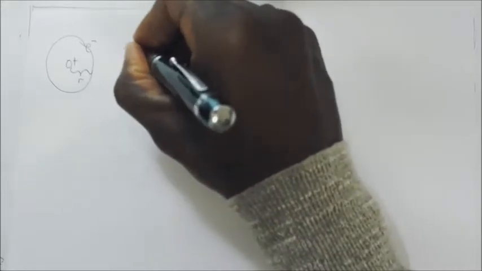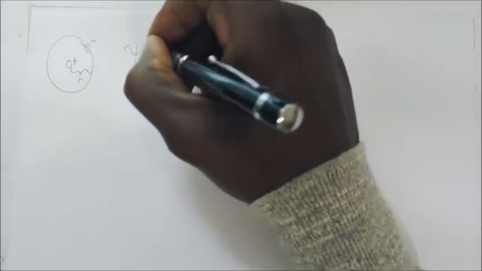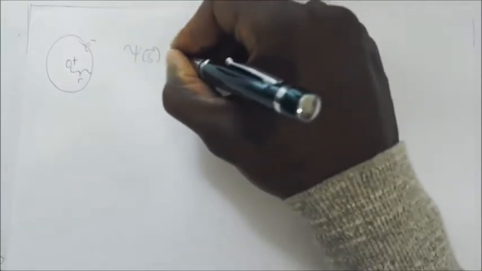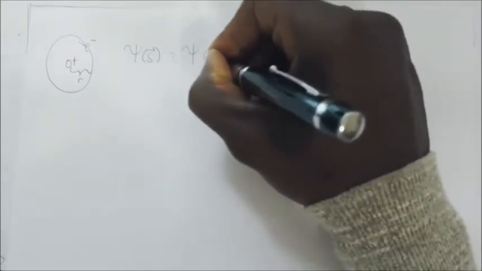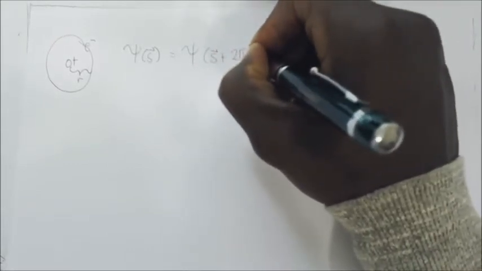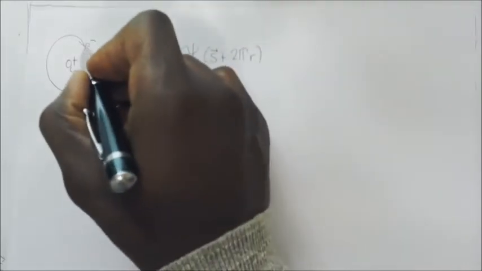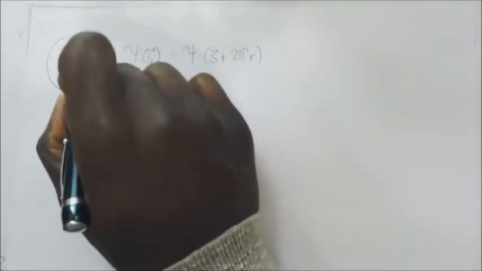for s, psi of s, must be equal to the wave function psi of s plus 2 pi r. And that's because they're basically functions of the same position. If it's here and it takes a trip around, that's s plus 2 pi r.